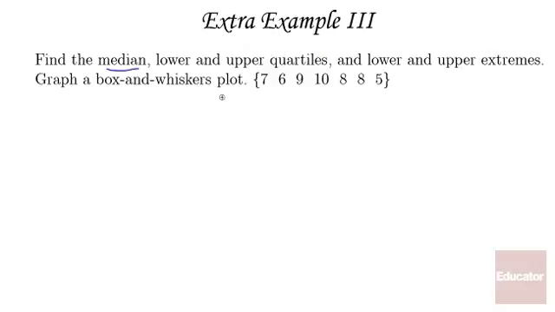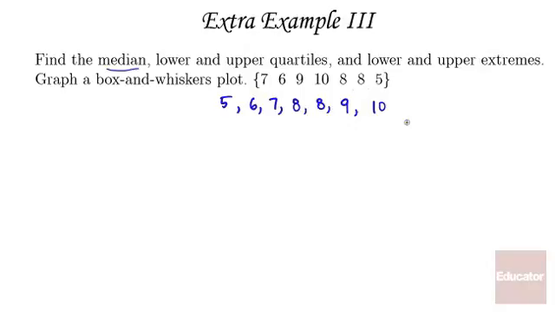Smallest here is 5. 5, then 6, then 7, 8, 8, 9, and 10. So let's see, 1, 2, 3, 4, 5, 6, 7, just to make sure I don't miss a number.